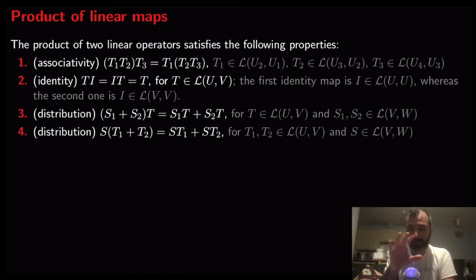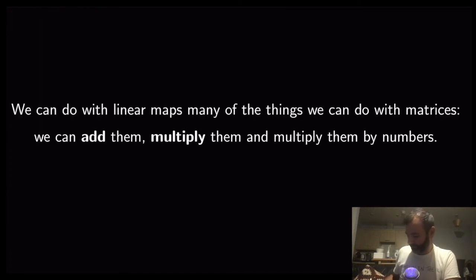Actually, the way these are written, you can look at them and treat them as matrices. You can say T1, T2, and T3 are matrices. Or you can have a more advanced mindset and say that these are linear maps. It doesn't make much of a difference. Can we do with linear maps many of the things we can do with matrices? Yes, we can.